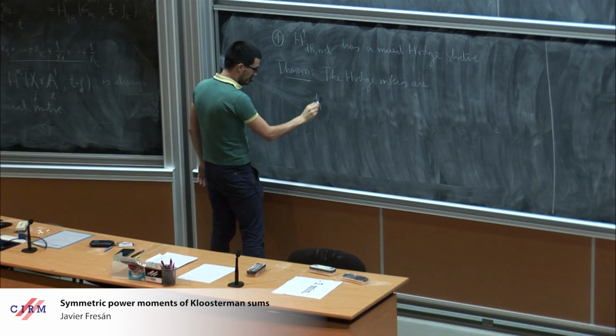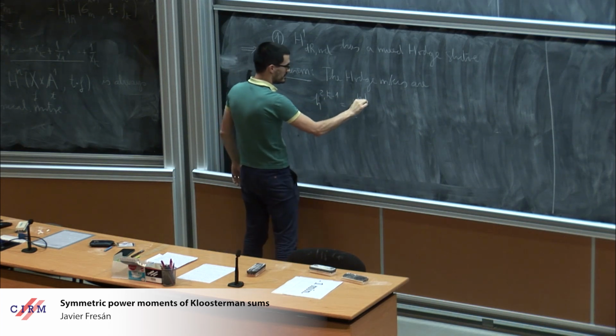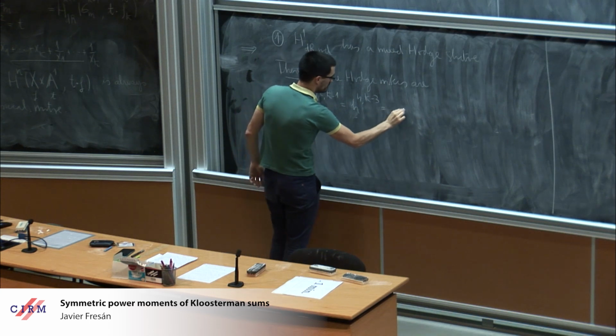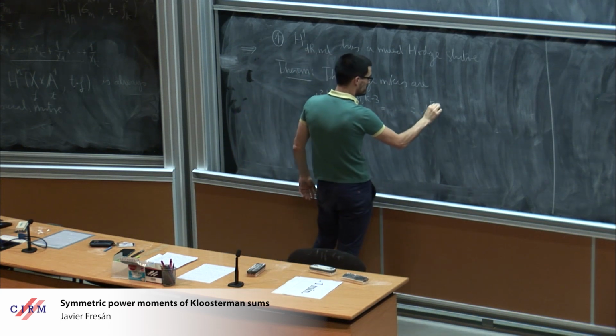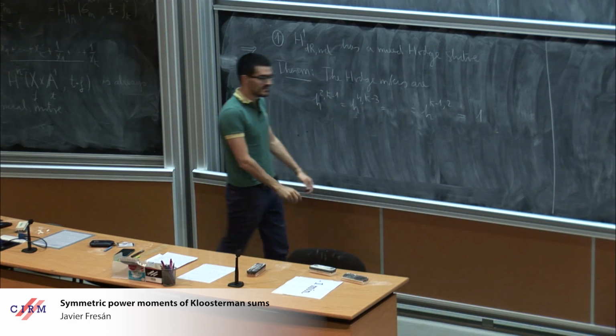So you have 2, k minus 1, 4, k minus 3, up to k minus 1, 2. So they are equal to 1, and all the rest are 0.